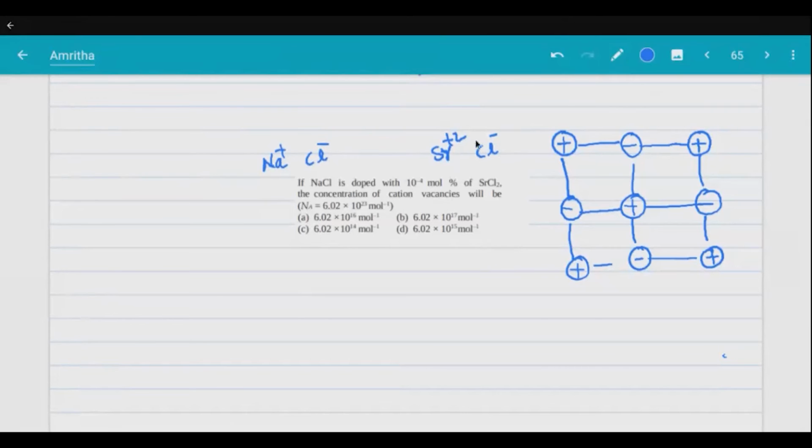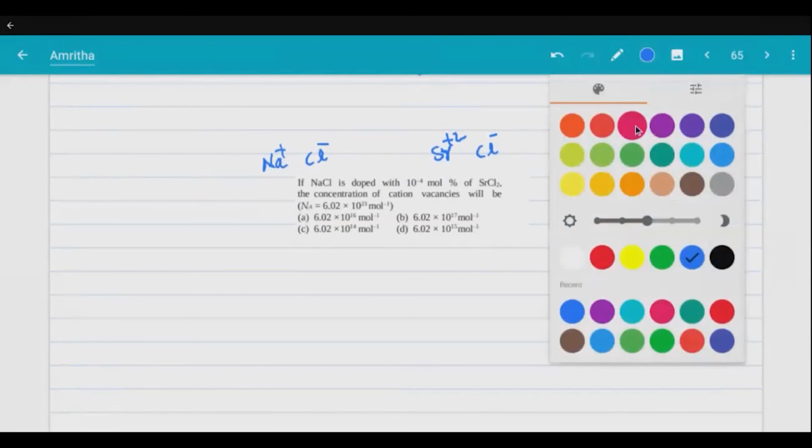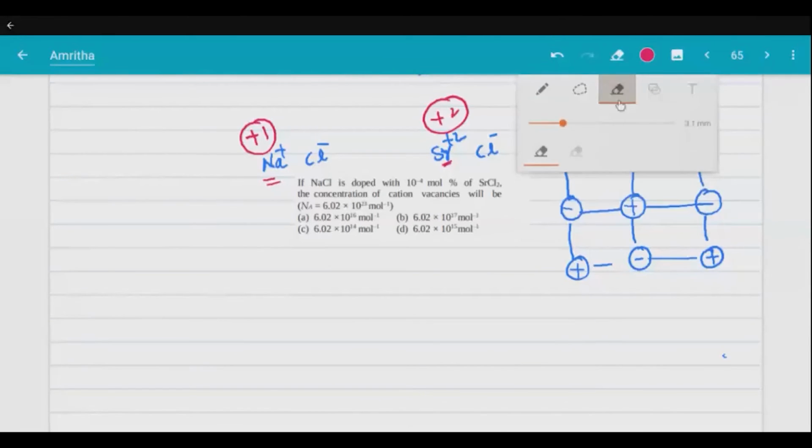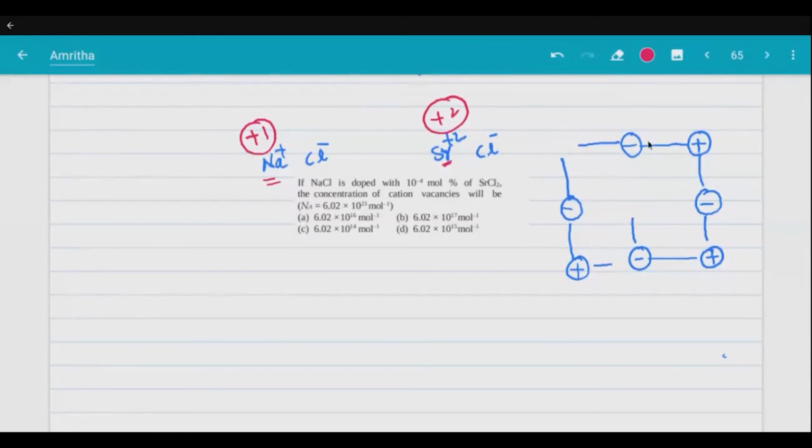The charge here is +1, but the charge of Sr is +2. If I need to replace sodium with Sr+2, what should I do? I should remove two Na plus. Look at this, I remove this, I remove this. Now I will add +2 charge.